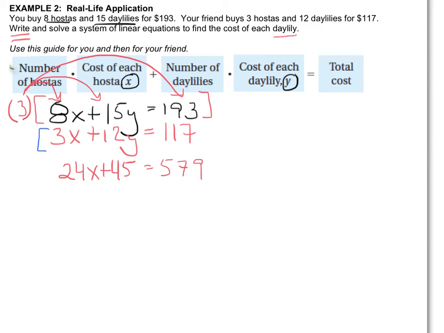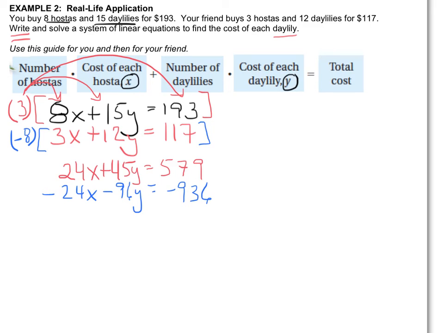I'm multiplying everything. But in this case, now I want to get a negative 24. So I'm going to multiply the 3 by negative 8. So negative 24x minus 96y's. I just noticed here we forgot that little y there. And then what that is going to equal on the other side is negative 936.